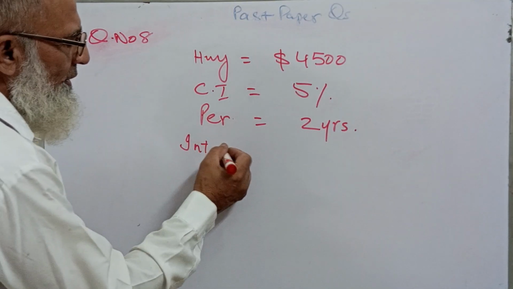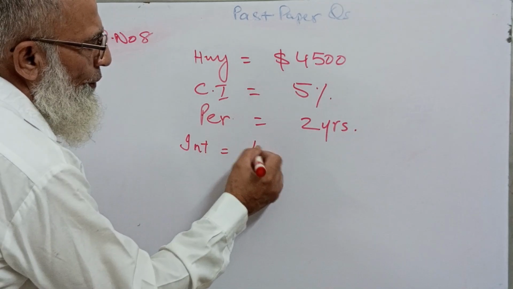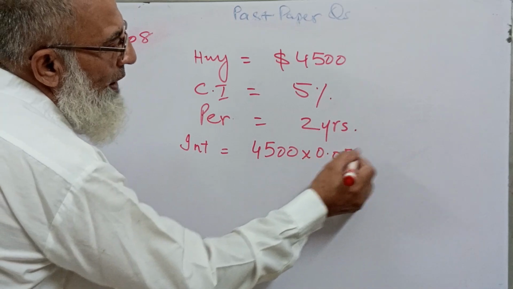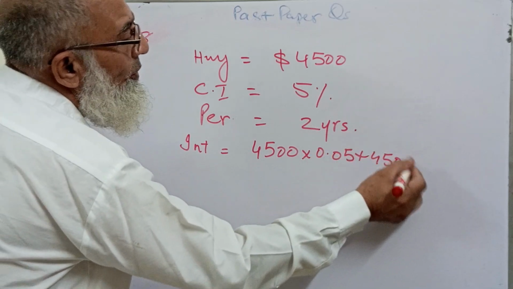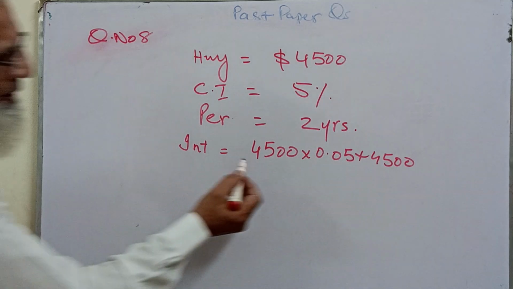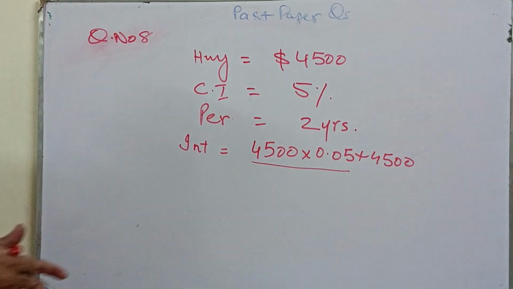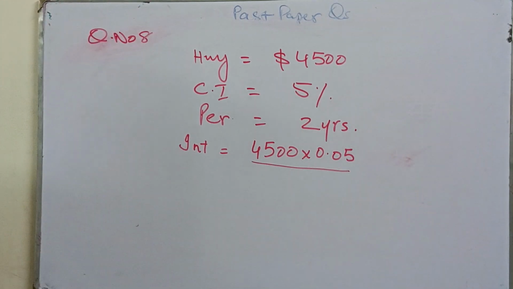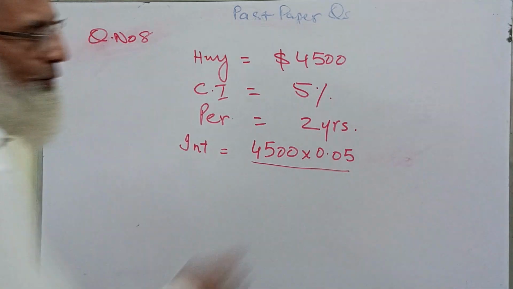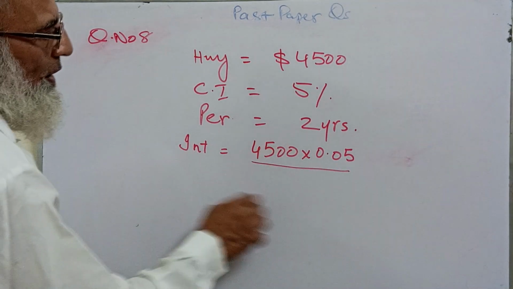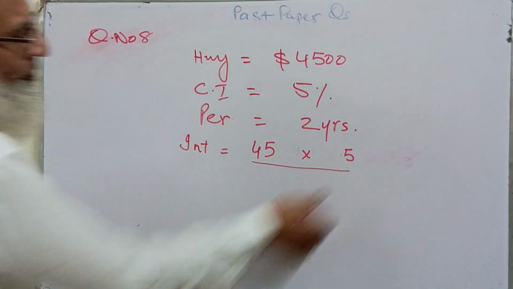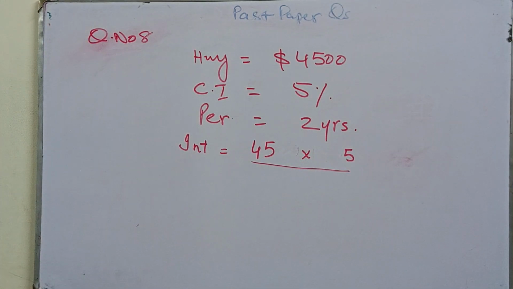Now interest for the first year is equal to 4500 multiplied by 0.05 plus 4500. Now this is the interest. If you see that there are two places of zeros of points, you can just remove these two, everything from here.